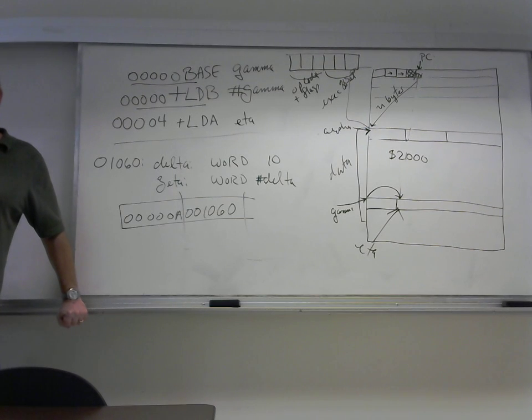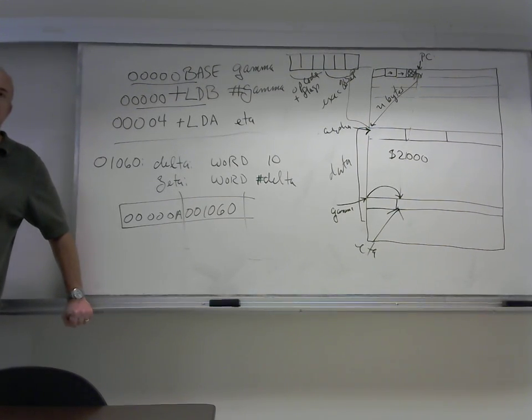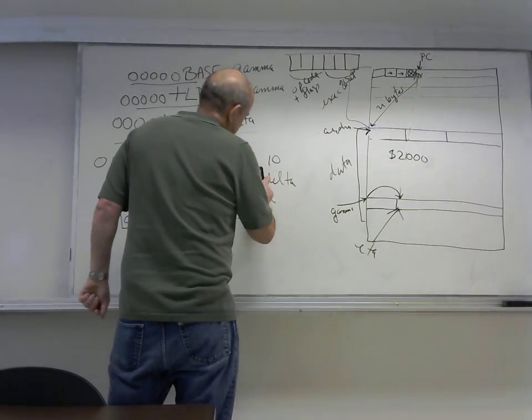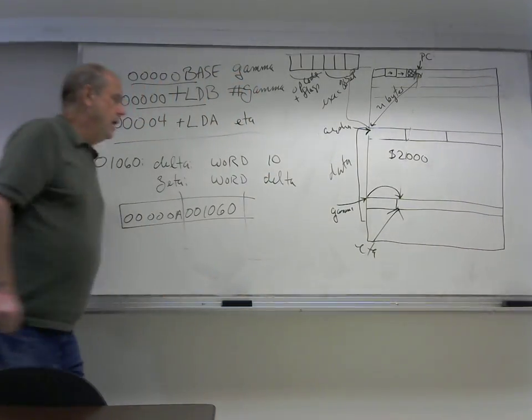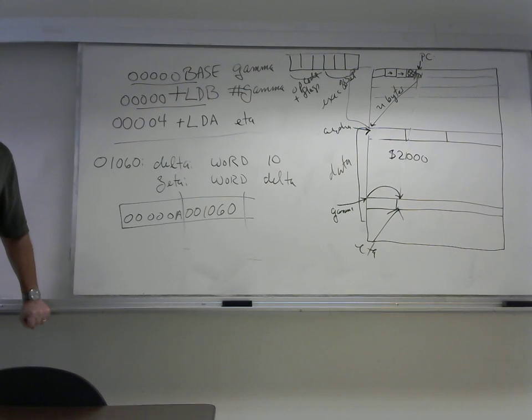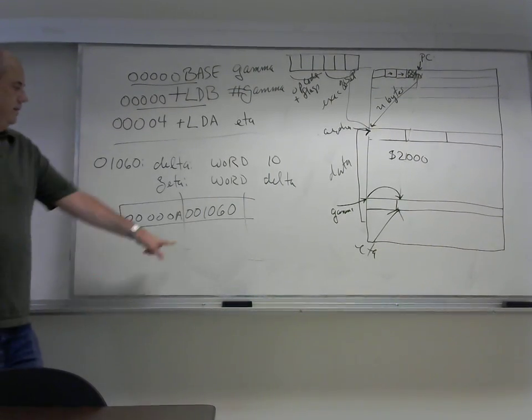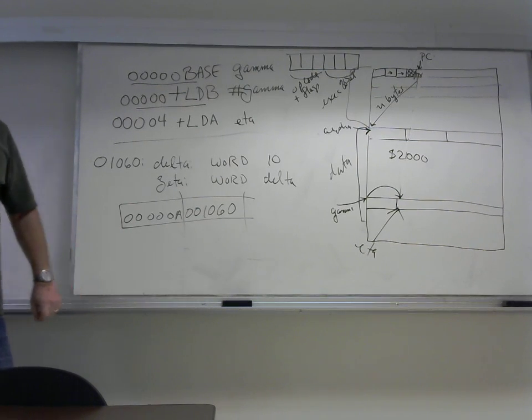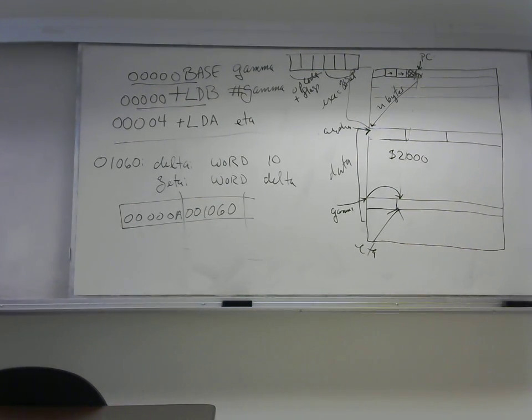It doesn't mean anything. There's no machine instruction, therefore there's no addressing mode. You have a symbol and it has a value, and that's all you've got. So when you assemble this, does the CPU know what a delta is? No, the CPU has no clue. So when this is assembled, you get this. It makes sense to the CPU. But there's no addressing mode in play.